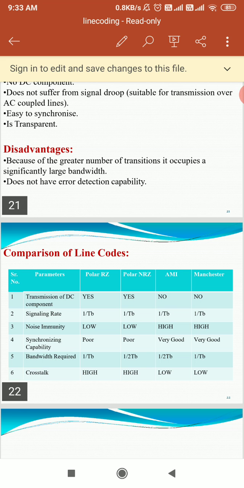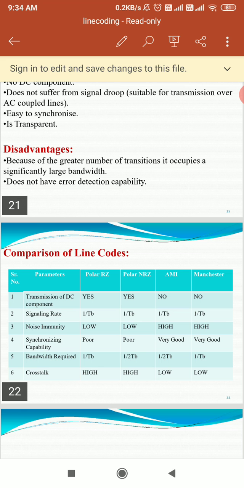Manchester also does not have a DC component. So this is the main advantage of AMI and Manchester over polar encoding. In unipolar also, we have seen there is a presence of DC component.